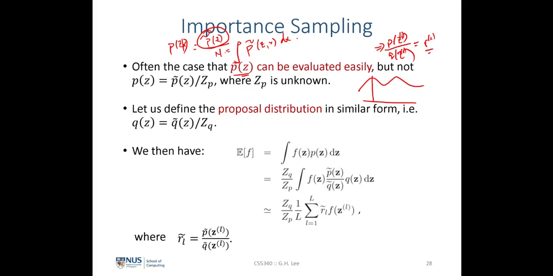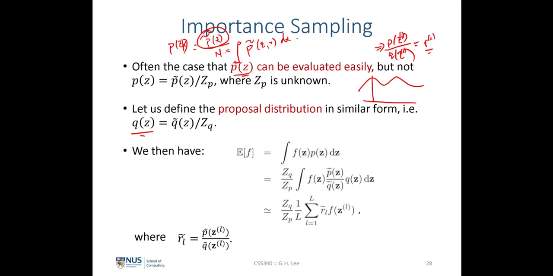And so let us also define the proposal distribution in a similar form. That is, Q(Z) would be equal to the unnormalized form of Q, which we denote as Q tilde, divided by a normalizer constant, which is denoted as Z_Q over here.